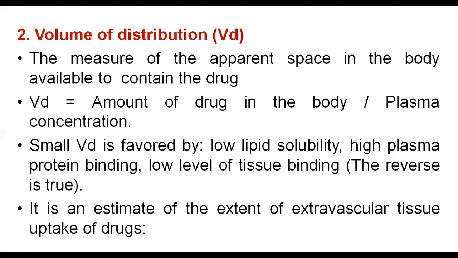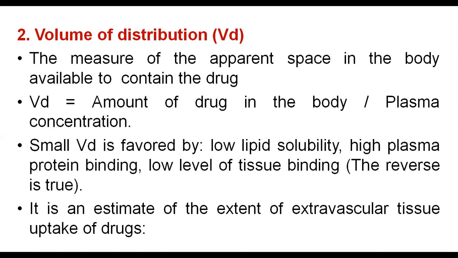Just for argument's sake, to bring the point home, let's say 500 milligrams of the drug is available in the whole body, whereas the amount available in plasma is just 10 milligrams. It means that the volume of distribution for this drug is actually 50, implying that much of the drug is in the extravascular compartment and only a small percentage is remaining in the plasma.